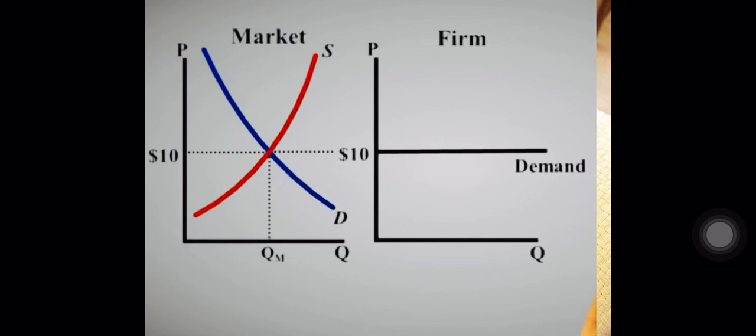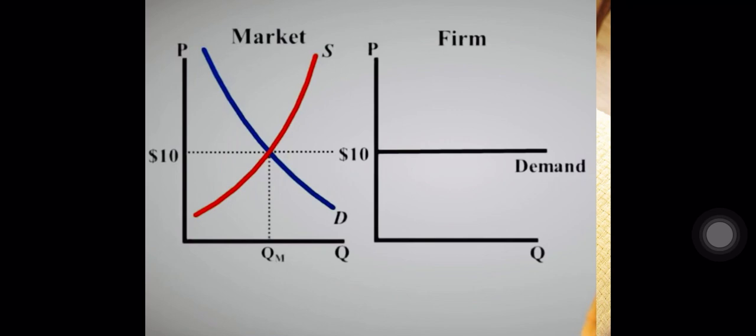So here is our simple market representation, wherein the sellers, represented by the supply curve, are willing to sell their product at various prices and at various quantities. You also have the downward sloping demand curve, where consumers are willing to buy at various prices and at various quantities.